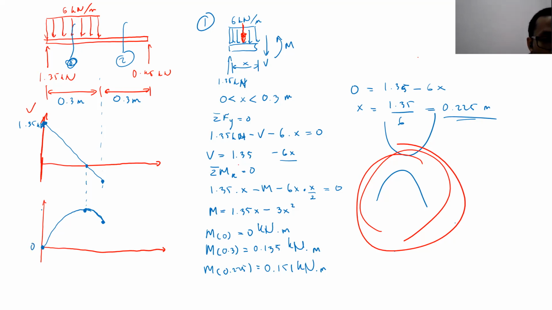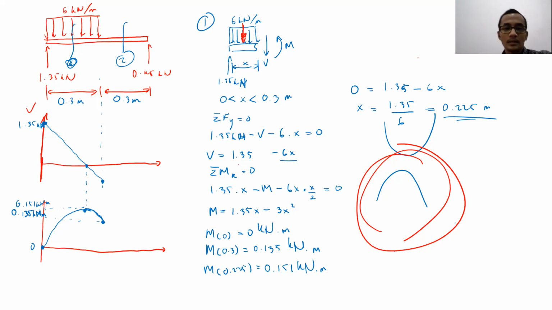This one is 0.151 kilonewton meter. This one is supposed to be 0.135 kilonewton meter. You get it, Rizky? Yeah, I get it clearly, Pak.